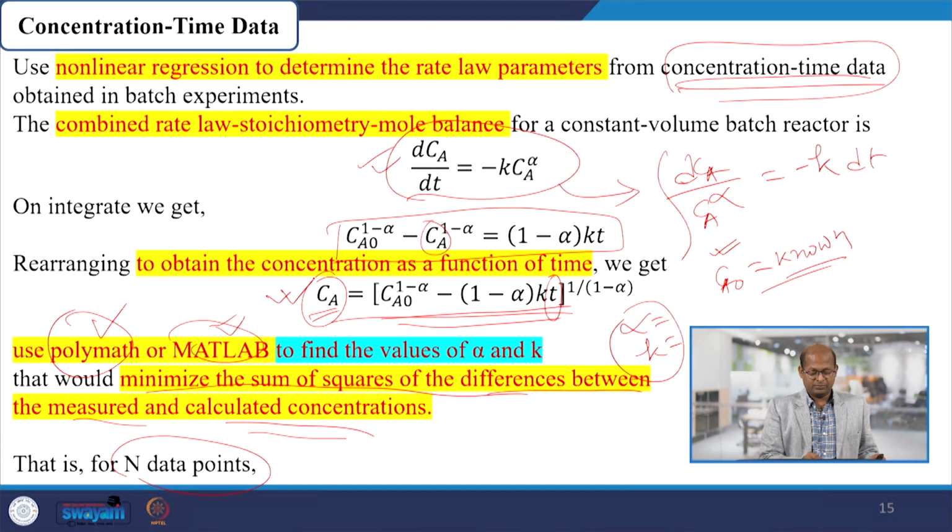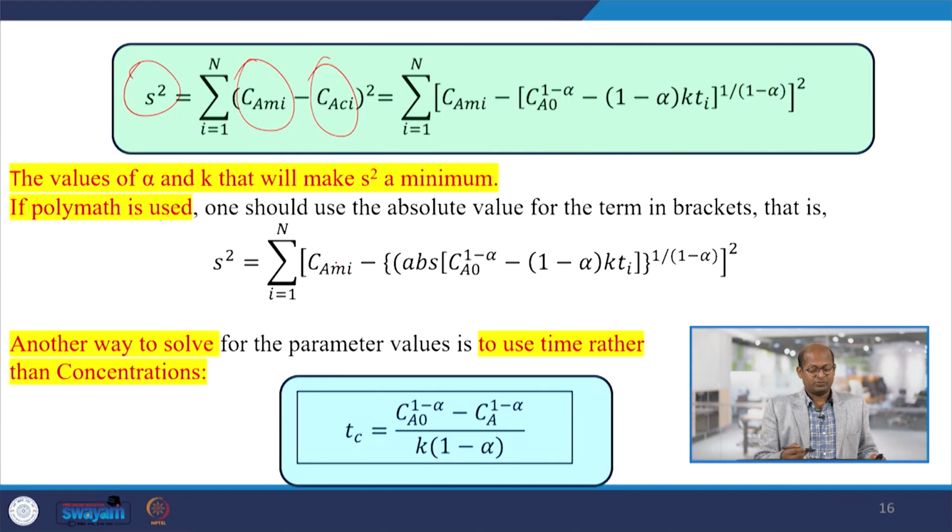We put in alpha and k values, then we get the calculated CA value, and the experimentally measured concentration at that particular time is known, so the difference will come. Both the measured and calculated values are put here, and then we have to take the square.